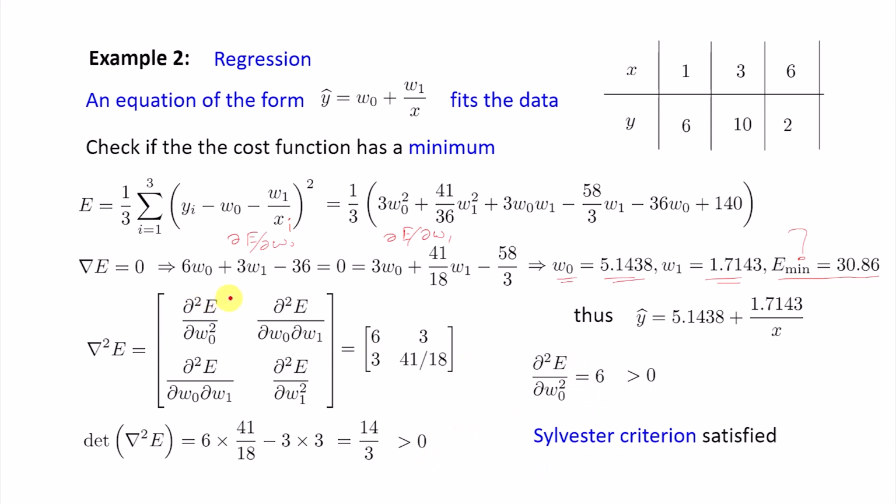And the first element of this matrix is anyway 6, so that is positive. Therefore, the Sylvester criterion is satisfied. So it is indeed a minimum. We can write that our regression will be y hat equals 5.14 plus 1.71 divided by x.